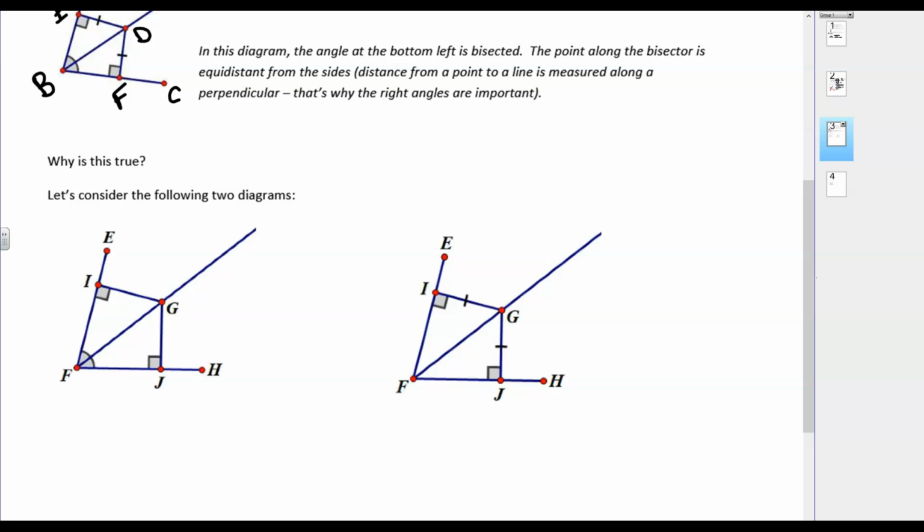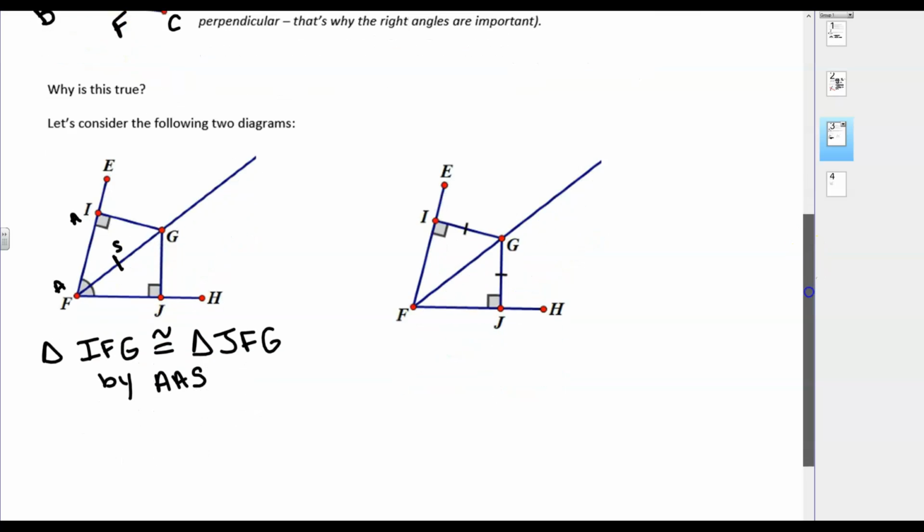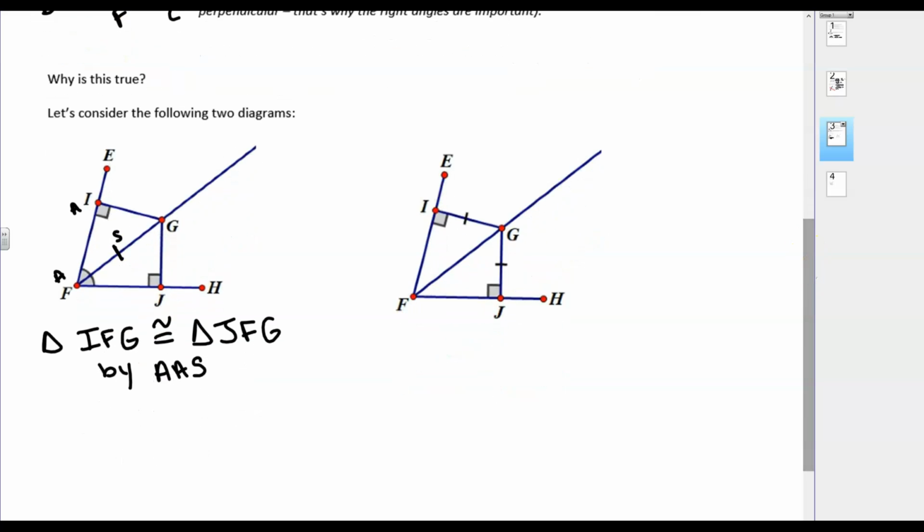Things I know. First of all, I know that FG is congruent to FG between these two triangles because they're reflective. So I've got an angle and a side. Therefore, I can say that triangle IFG must be congruent to triangle JFG by the AAS theorem, because I've got two angles and a side that are congruent.